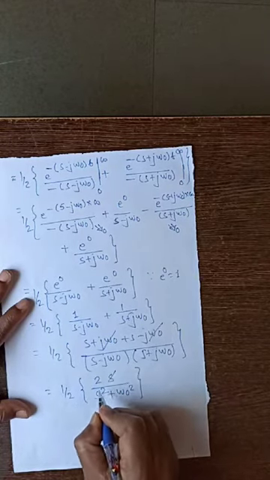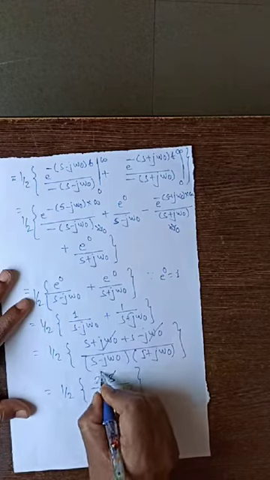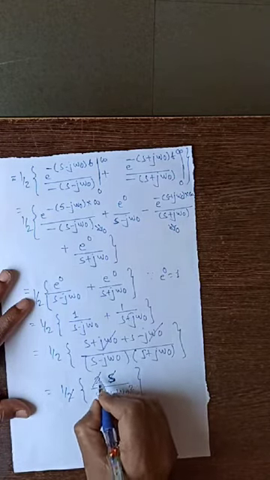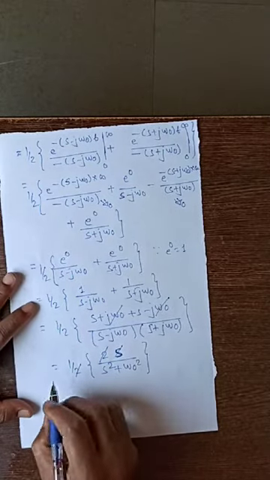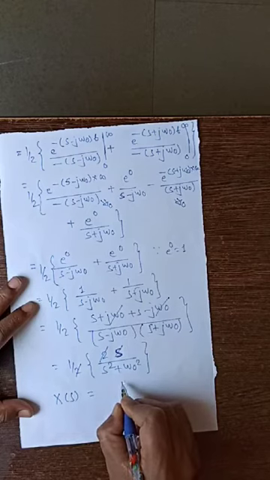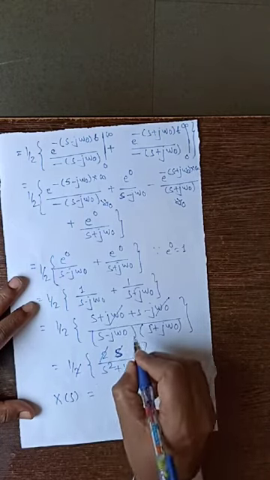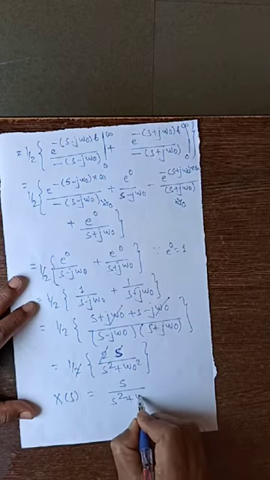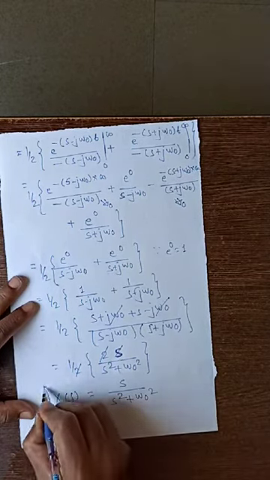So yes, this 2 and 2 is going to be cancelled. So s is remaining. So X of s is equal to s divided by s square plus omega naught square.